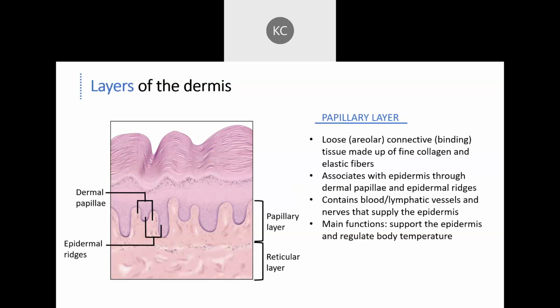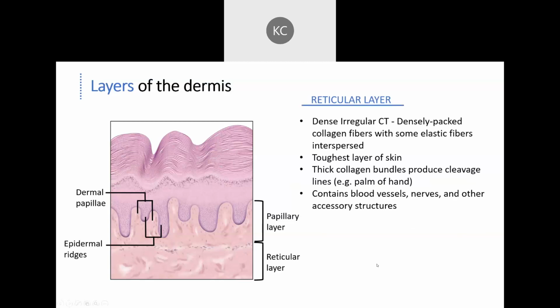It's also going to support the overlying epidermis, right? The dermis is underneath, and sitting on top of it is the epidermis. So the dermis has a big role in supporting the epidermis above, right?